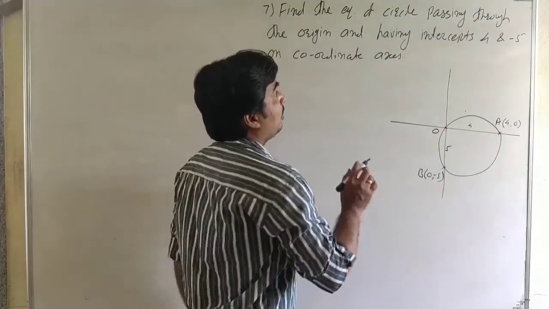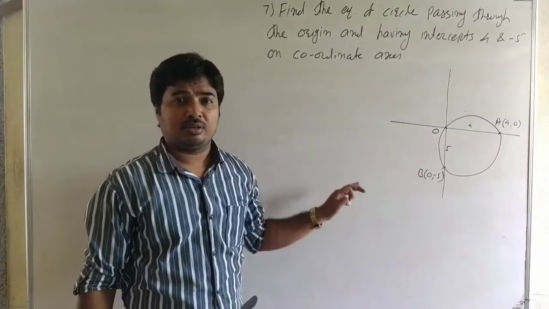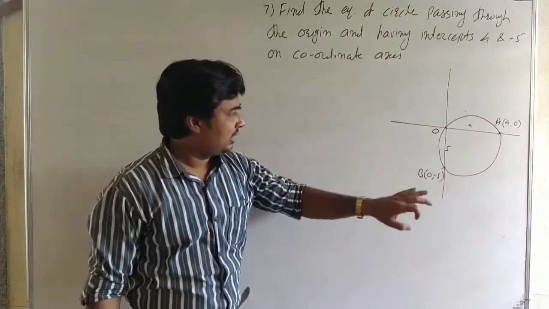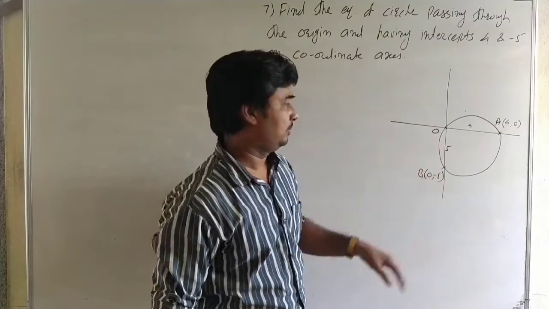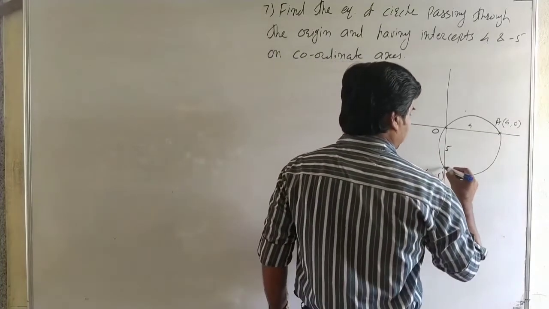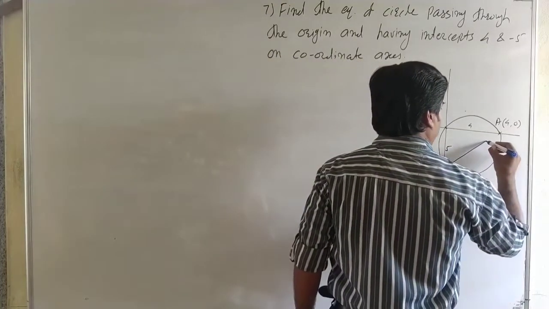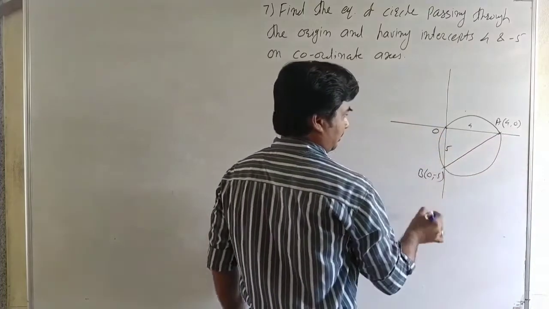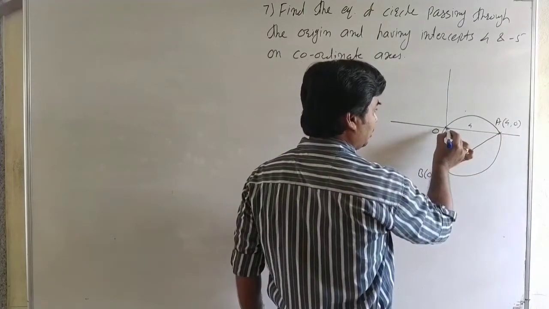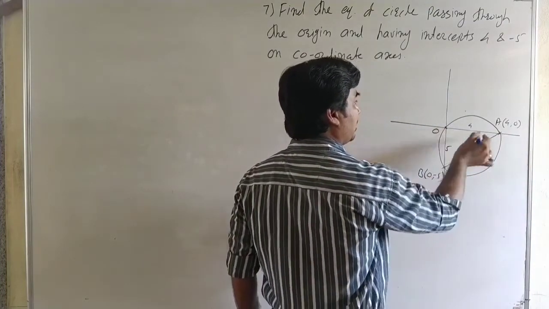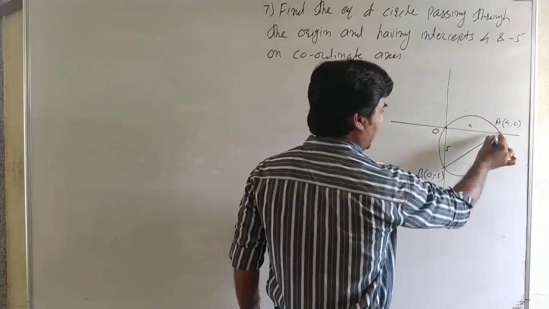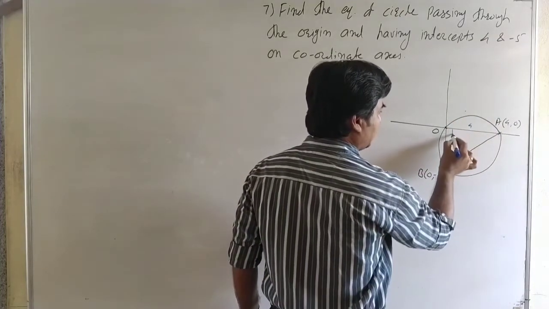Now we want to find the equation of the circle, so we find the center and radius. Here the center and radius are not given, but we join the chord AB. The circle passes through the origin, and the x axis and y axis make a right angle, so angle AOB is a right angle.